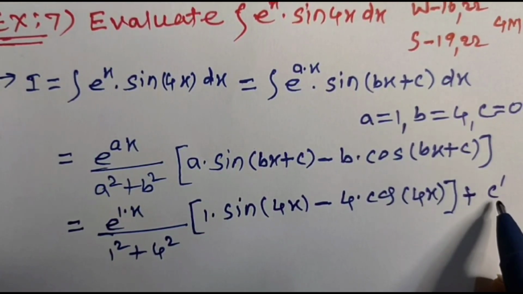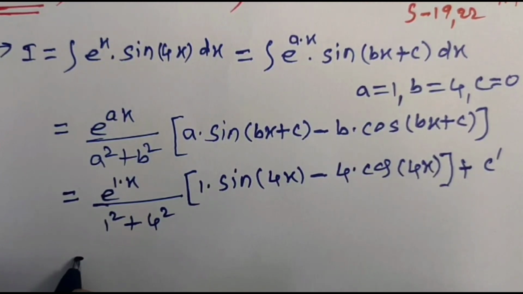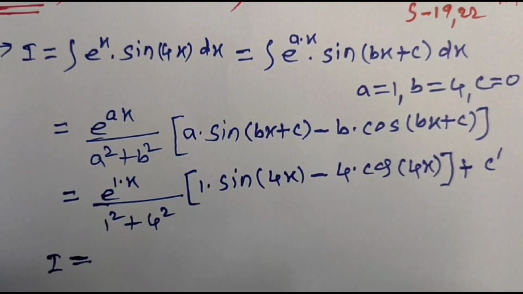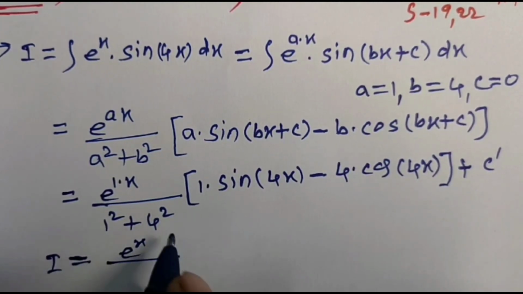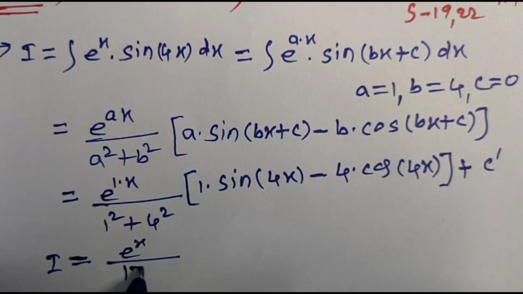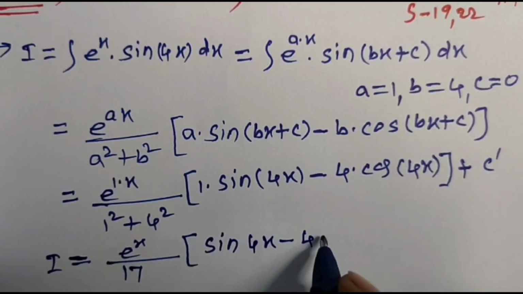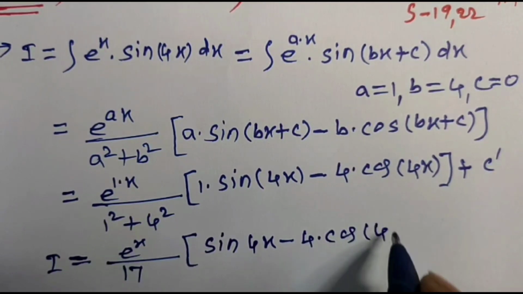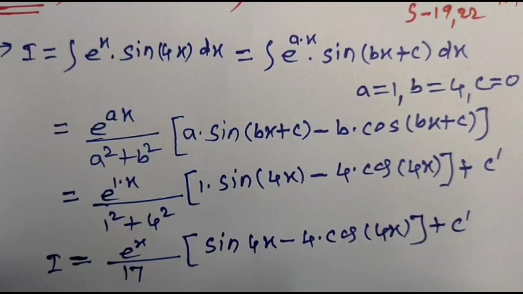So you can add integral constant c dash here. Now simplify this and get the value of the given integral, which will be the final answer. E to the power x divided by 1 square means 1, 4 square means 16, so 17, sine 4x minus 4 into cosine of 4x plus integral constant c dash, and this is the final answer.